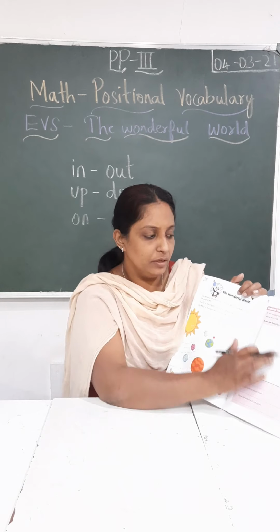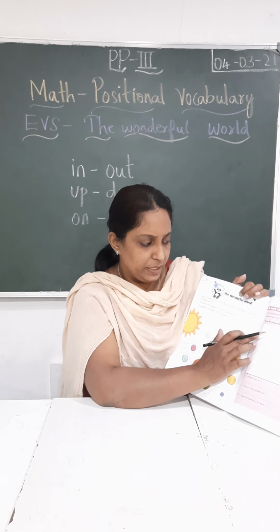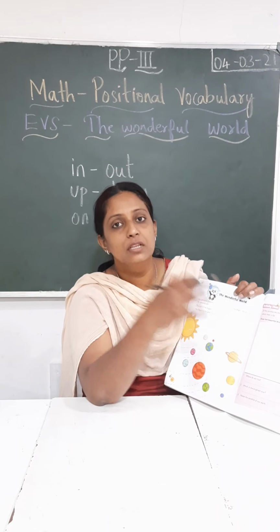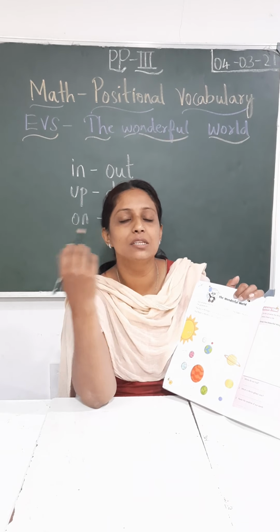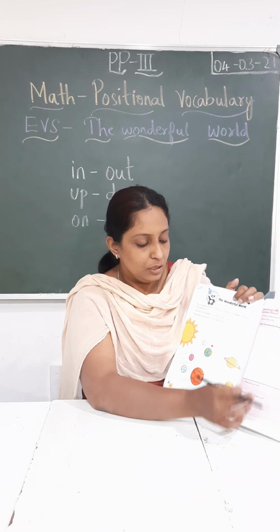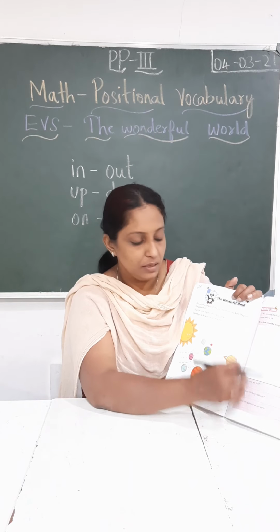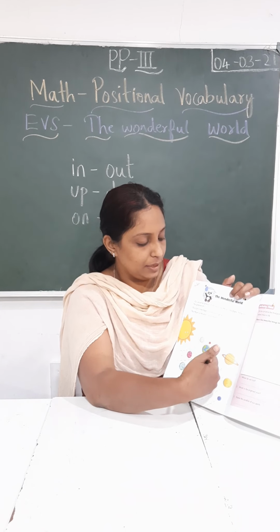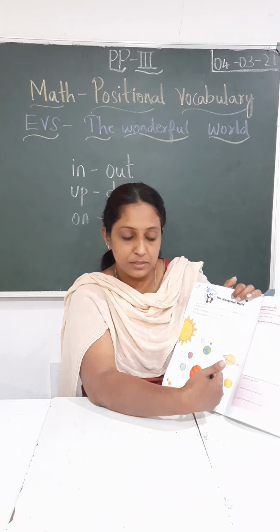Now what you have to do on this page is draw a few beautiful things that you see on this earth and color them. Whatever beautiful things you see in and around you, you have to draw and color. We also have a few questions related to the wonderful world, the universe that we learnt about today.